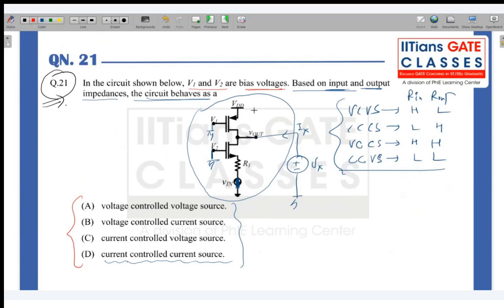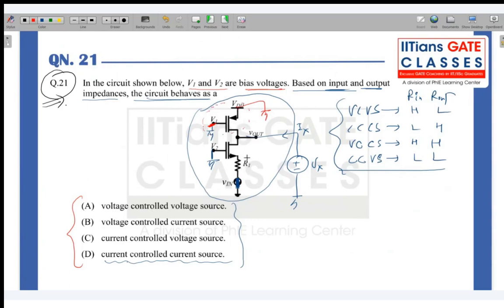You see, guys, whenever these two terminals of this PMOS are shorted, this transistor is like an active load. And you can see here, this source is degenerated, the source terminal is degenerated.